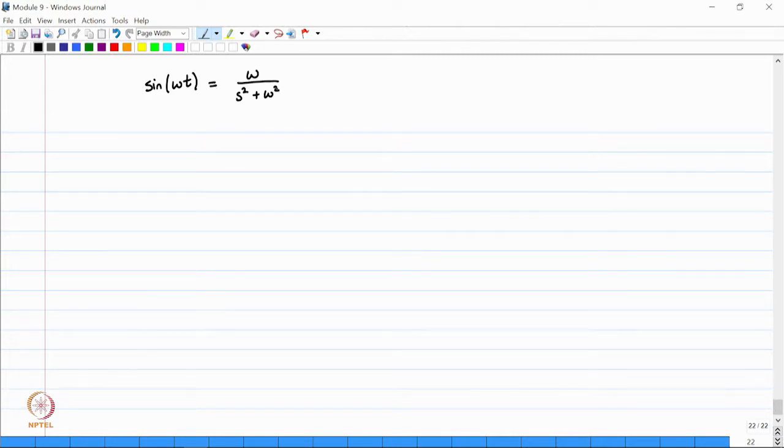Okay. Now, if on the other hand you had the hyperbolic sine of omega t, then that would look like omega divided by s square minus omega square.